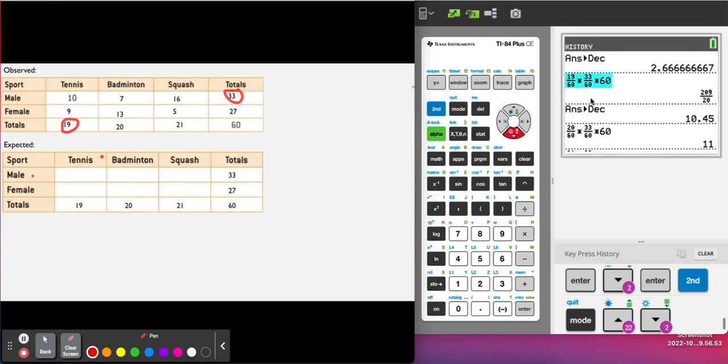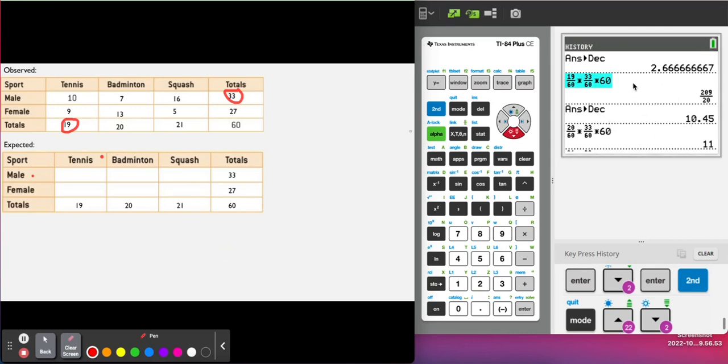So what you have on the right-hand side of the screen is the calculation: 19 over 60 times 33 over 60, that's the probability of having tennis and male. And then we multiply that by 60 because we want the expected value, not just the probability of it. So we get a fraction answer, and I converted that to a decimal, and I got my 10.45.